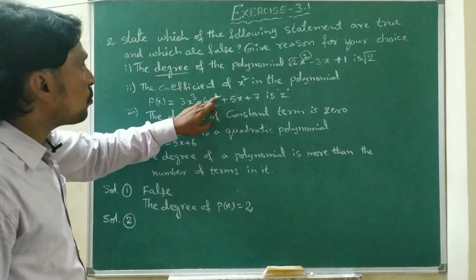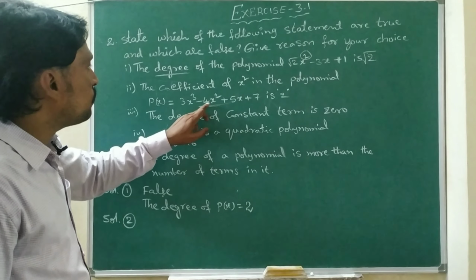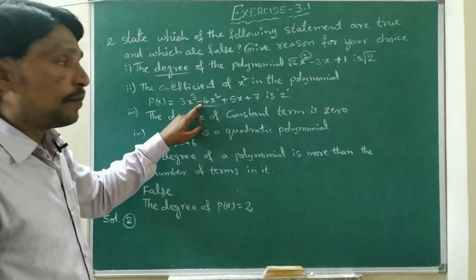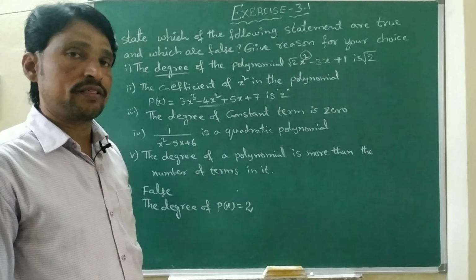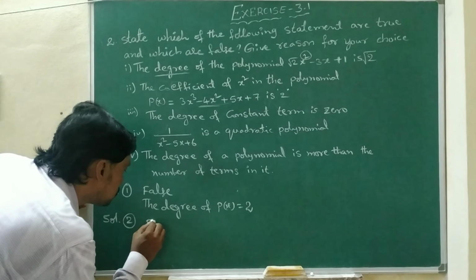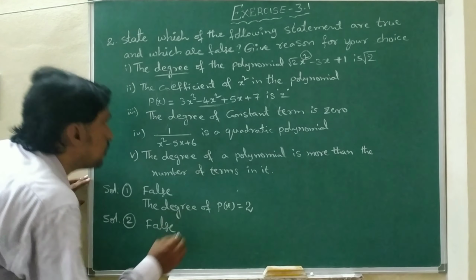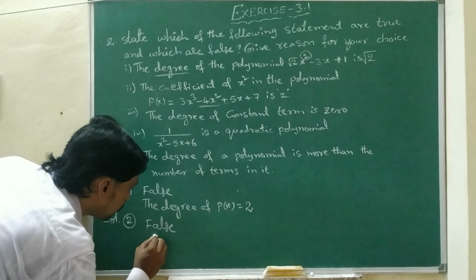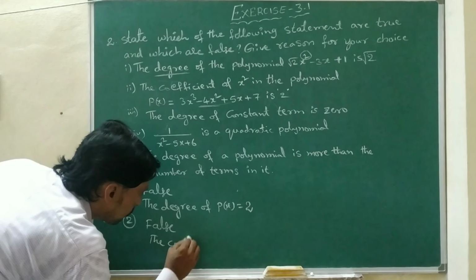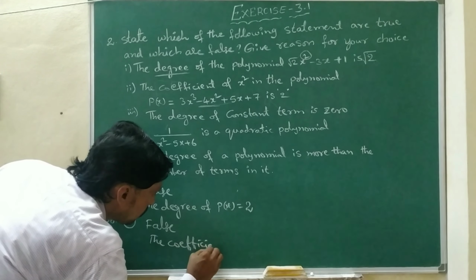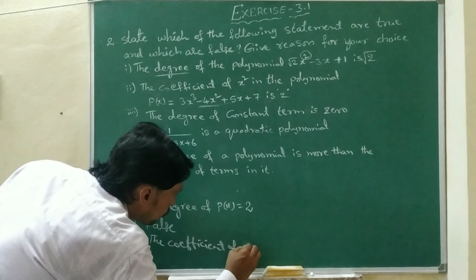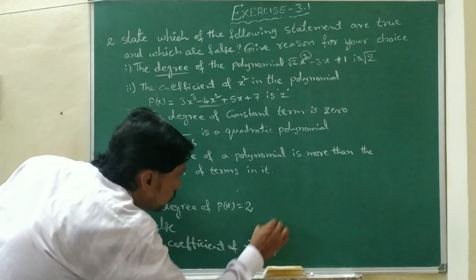So the x square coefficient here is minus 4. But here 2 is given. Means the statement is false. So the coefficient of x square equals minus 4.